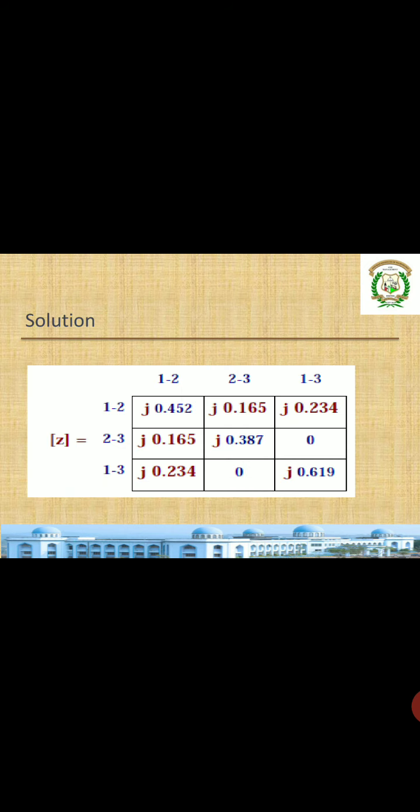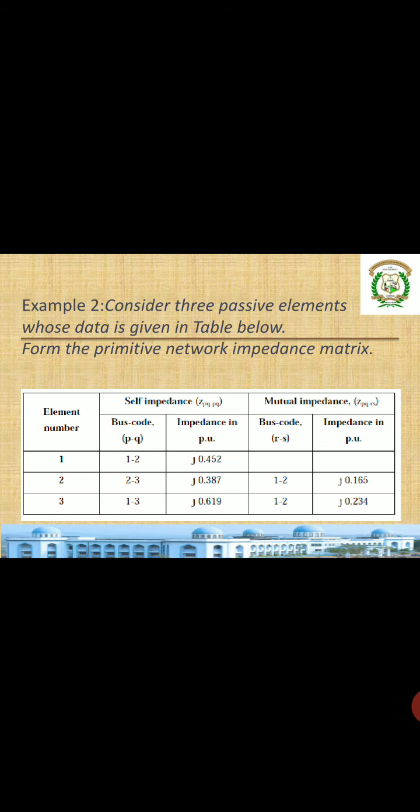Same thing I have drawn here: 1-2 has a mutual value of j0.234 with 1-3, and element 1-3 has a mutual value j0.234 with element 1-2. The remaining 2-3 does not have any mutual value with 1-3, so those two entries we keep as 0. This is the primitive matrix of the given table.